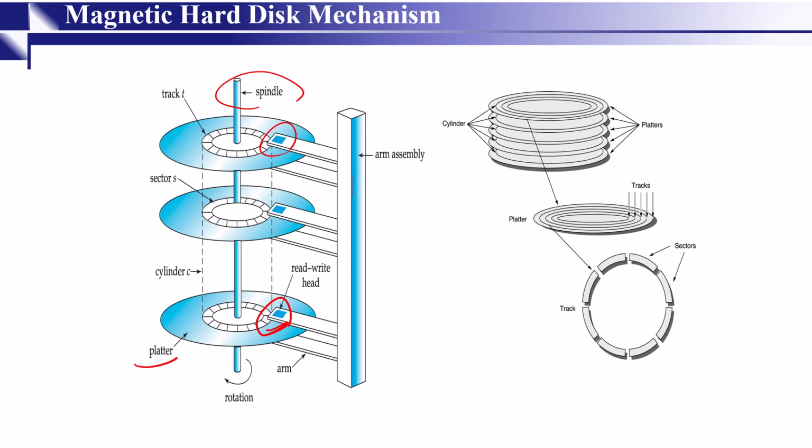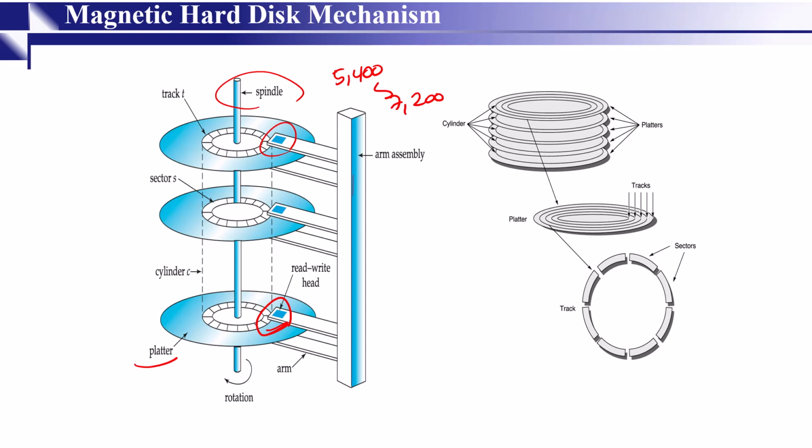Then we have the spindle here. This spindle is the central axis that spins the platters at high speed, typically 4,500 up to 7,200 rounds per minute. Then we have the actuator arm.